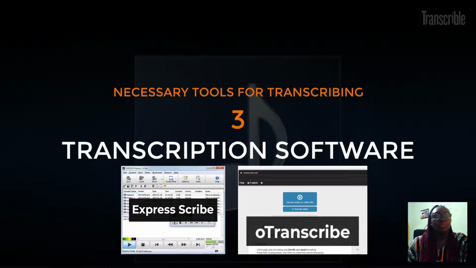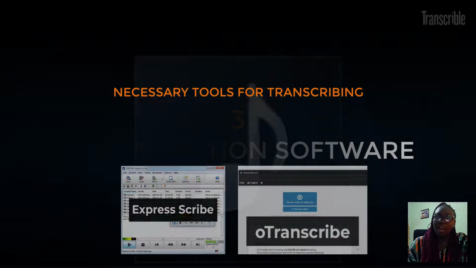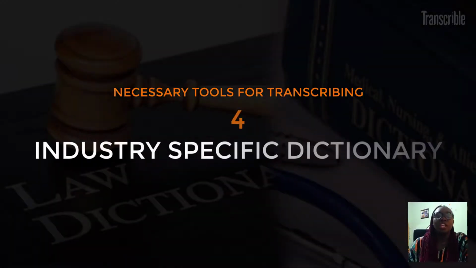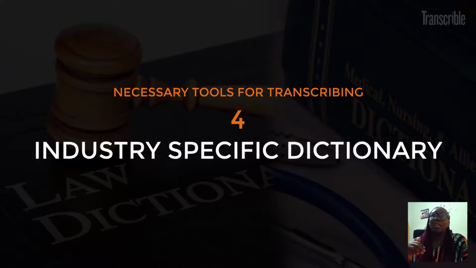Now, the number four tool you need to have is an industry-specific dictionary. It could be legal or medical, depending on whatever job you got from a client. As I said in the first video, you need to be conversant with the terminologies in certain professions, fields, and industries.